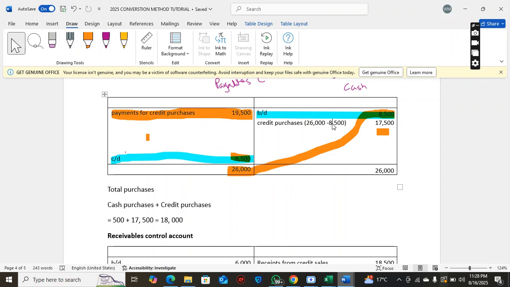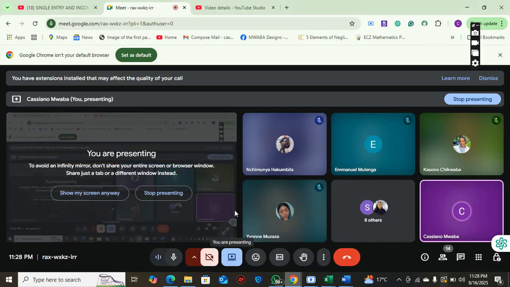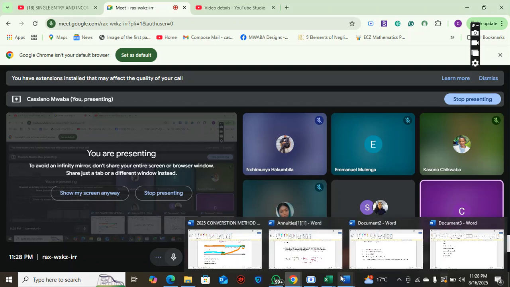So since money is coming out from the cash account, that's a credit side, right? Because remember, cash account reduces with credit, increases with debit. Payables control account increases with credit and reduces with debit.